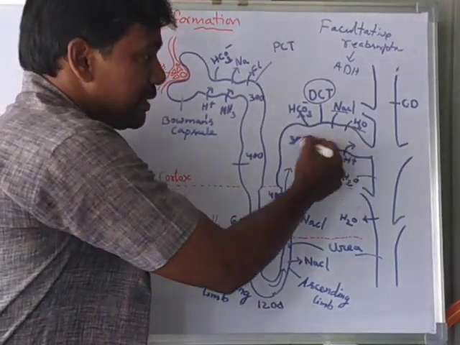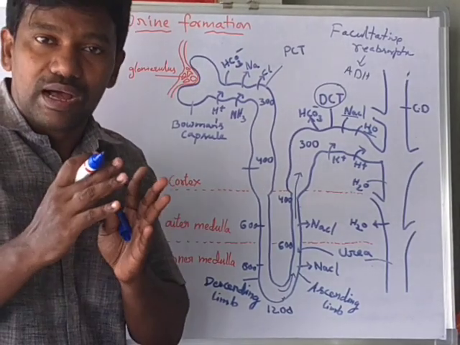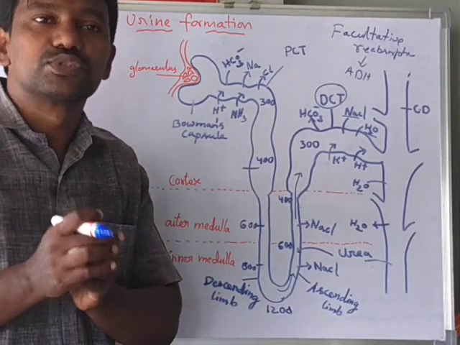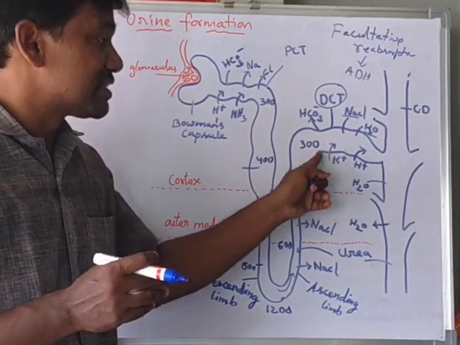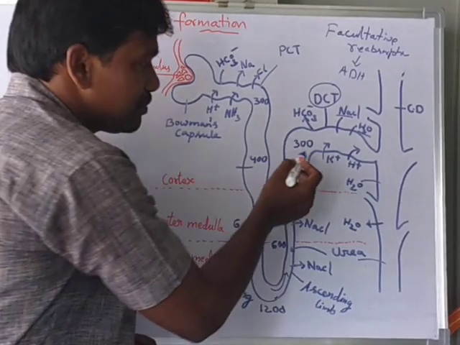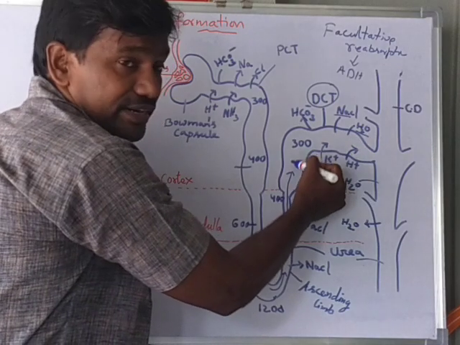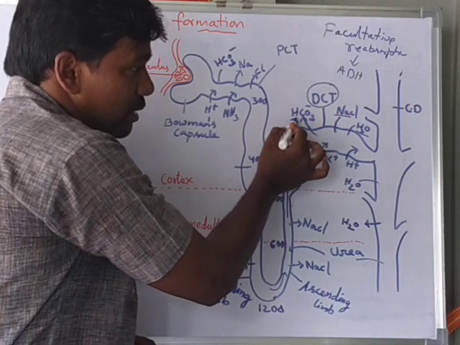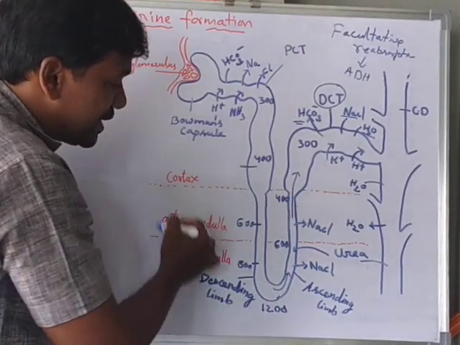The DCT also maintains the pH and the sodium potassium ionic balance in the blood. That means the tubular cells of the DCT secrete potassium and hydrogen ions into the filtrate, into the renal fluid, and at the same time bicarbonate ion moves from the renal fluid out to the interstitial fluid.